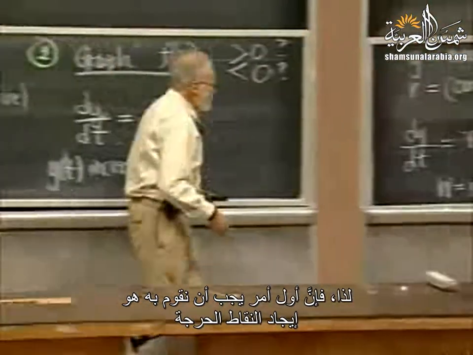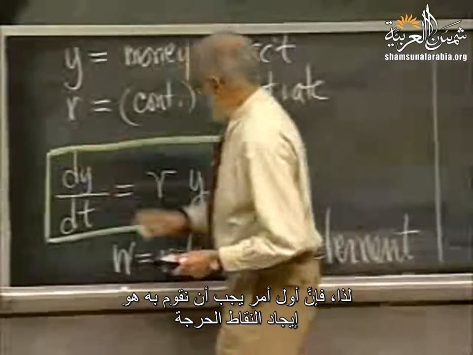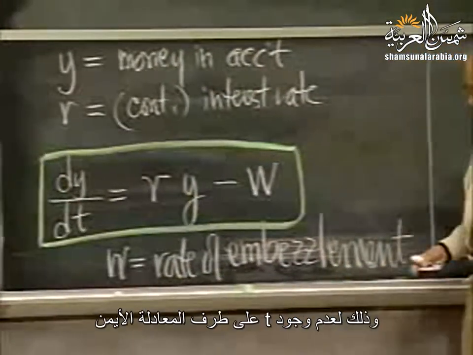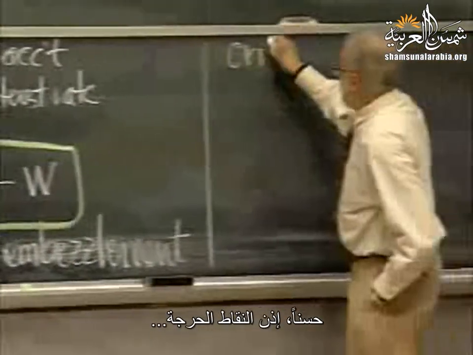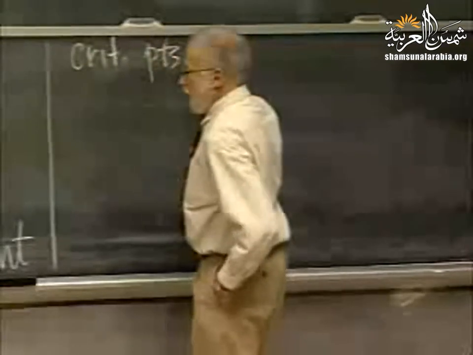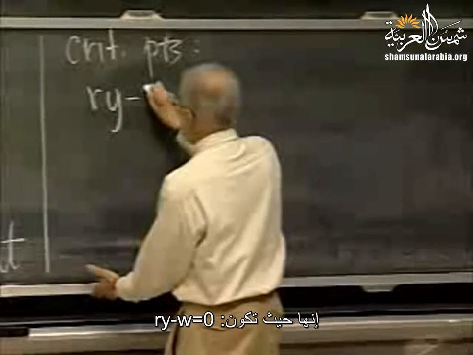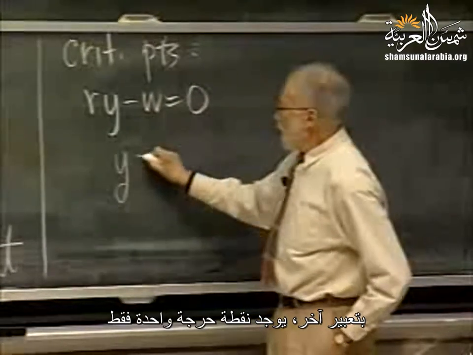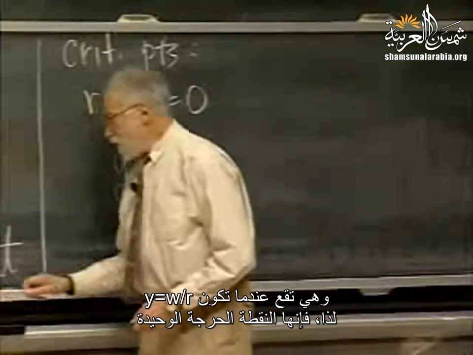So the first thing I should do, so here's our equation, is find the critical points. Notice it's an autonomous equation, because there's no t on the right-hand side. Okay, so the critical points, well, that's where ry minus w equals 0. In other words, there's only one critical point, and it occurs when y is equal to w over r.